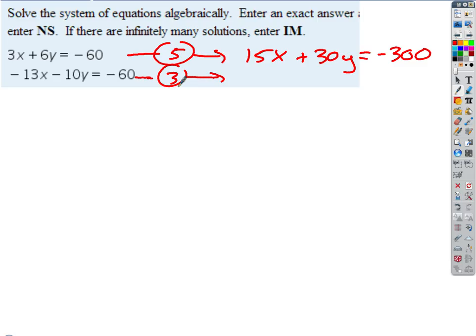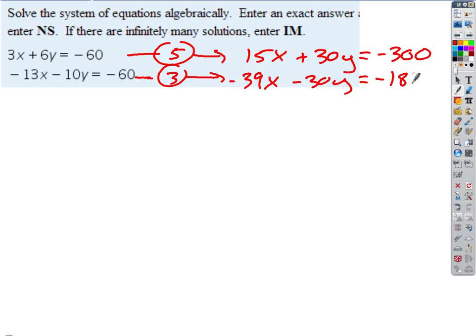We don't need calculators for that. 39, so negative 39x minus 30y. We got it to work, right? The 30s will cancel. That was our goal. Equals 180.